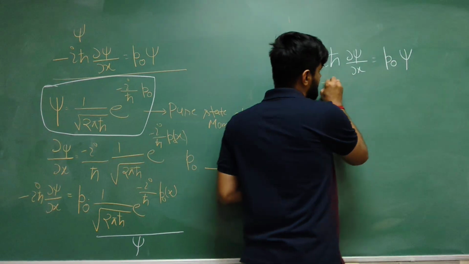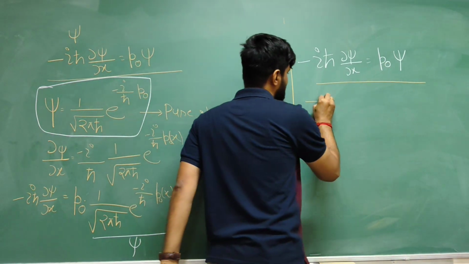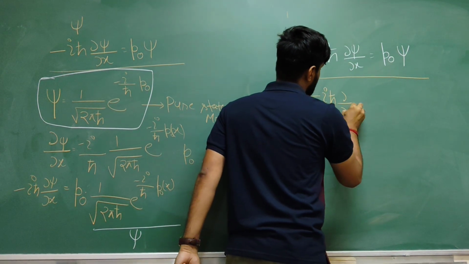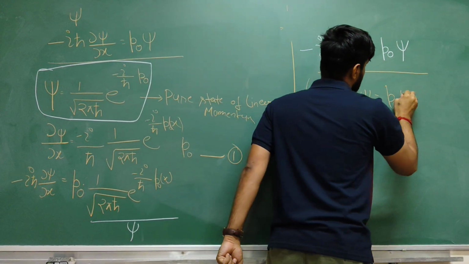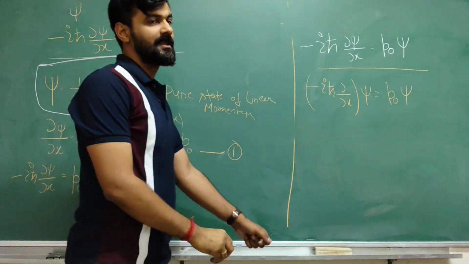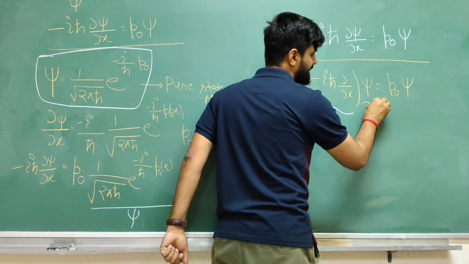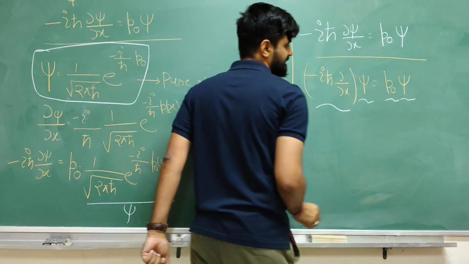So now, very important thing to understand here. If you see this wave function, I can write this as minus iħ ∂/∂x psi, that is equal to p naught times psi. Is that clear? Ultimately this operator is operating on a wave function and giving you some measurable property.